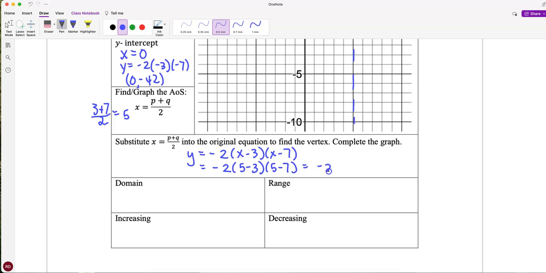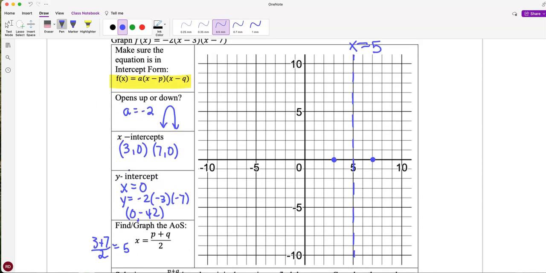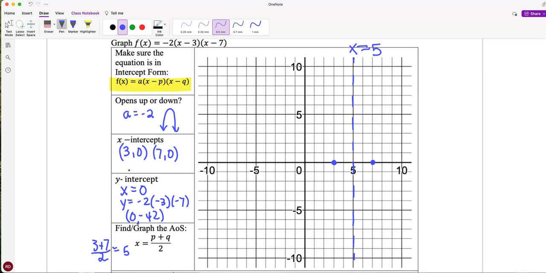So this is -2 times 2 times -2, which is 8. So the vertex is the point 5, 8, which is right here.